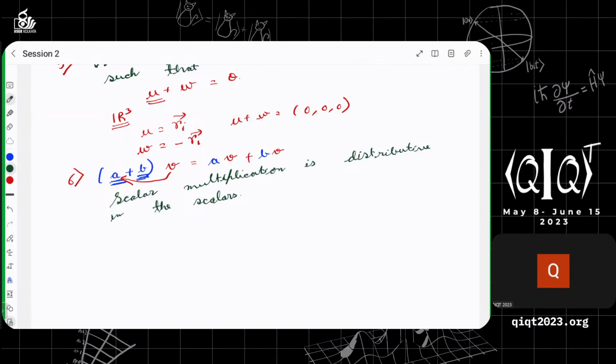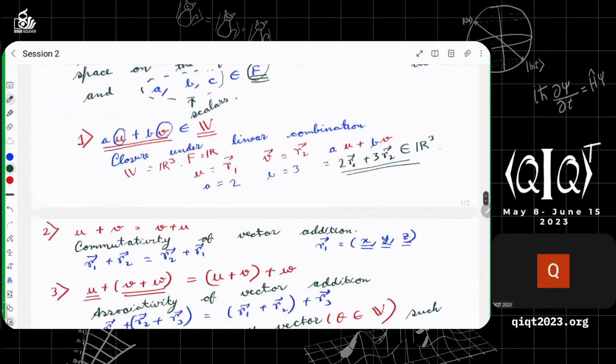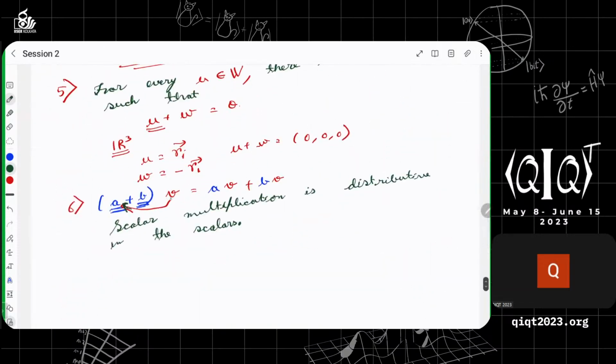Someone is introducing some noise. Okay, so what this means is that the vector V is getting distributed over this scalar addition. So a plus b was addition of scalars, and scalars, remember, are the elements of the field. So when we are multiplying the scalar addition with the vector, the individual scalars get multiplied with the vector, and we have this.